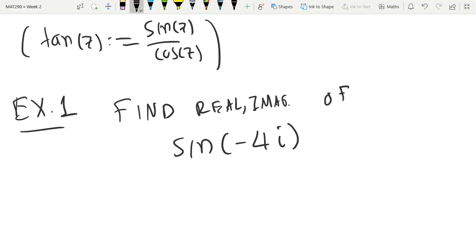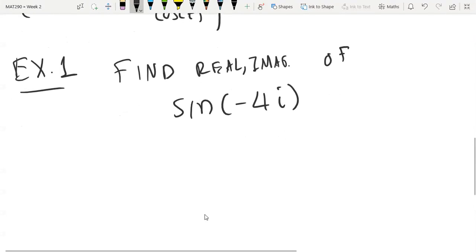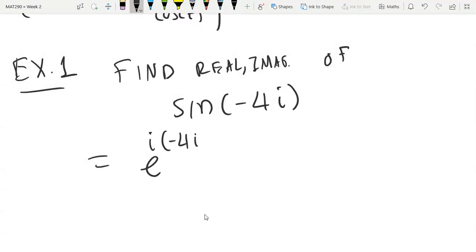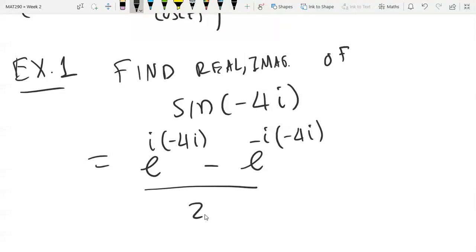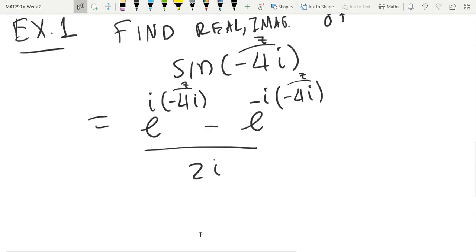Right, so we use our definition. This is e to the i times minus 4i, and then minus e to the minus i times minus 4i. Right? So this is our z. Okay? Now let's try to simplify this.